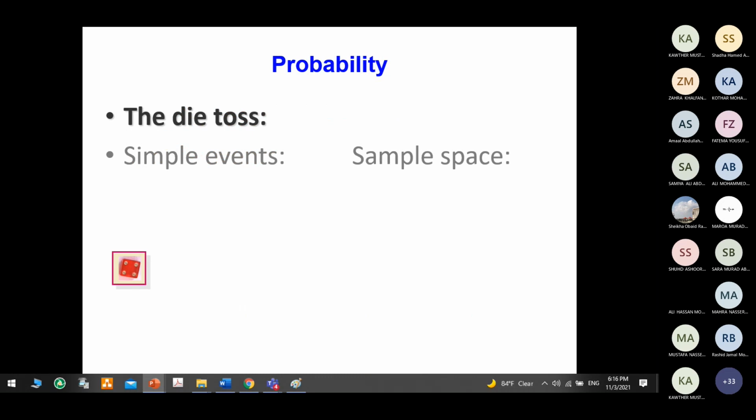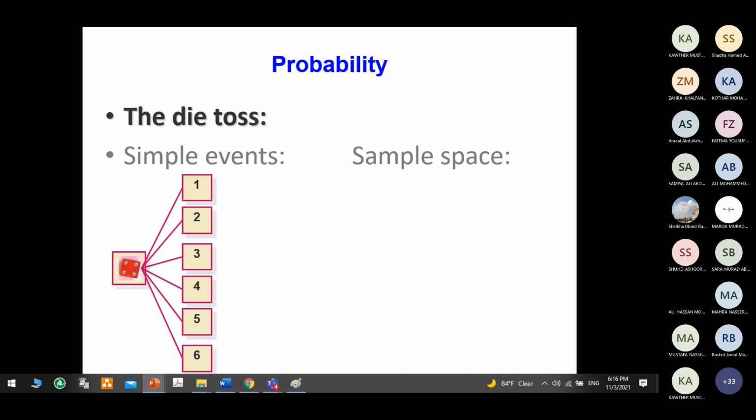Now the die toss, have a look. If I toss the die, I come up with 1, 2, 3, 4, 5, 6. These are my outputs. I can write it as S between two brackets: E1, which means event 1, comma, event 2, comma, event 3, event 4, event 5, event 6.